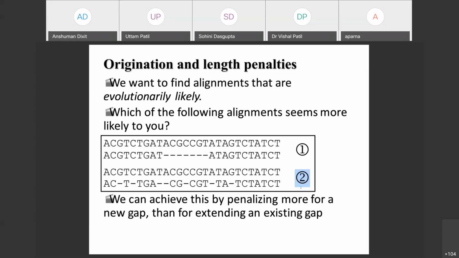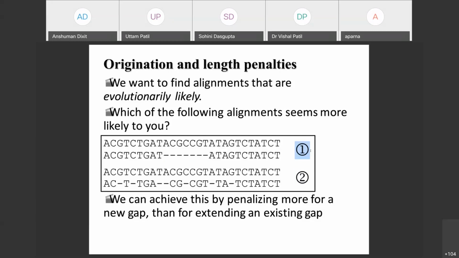Now, from the definition, which alignment is more likely to be plausible evolutionarily? You can say, yes, it is possible that this particular deletion might have happened, because this is just one change. But to say that multiple deletions have happened looks less possible. So alignment number one looks more possible, and its likelihood is greater compared to alignment number two.